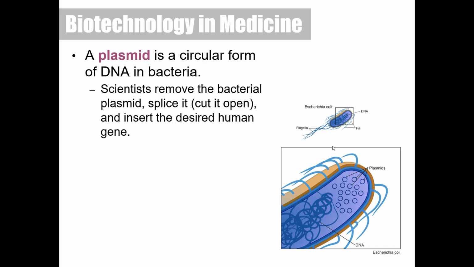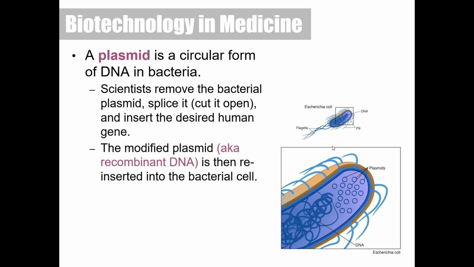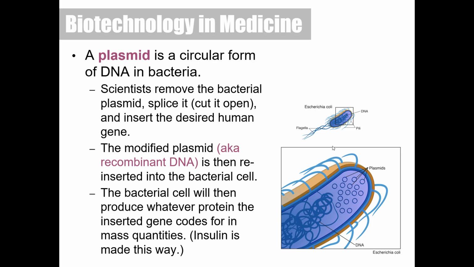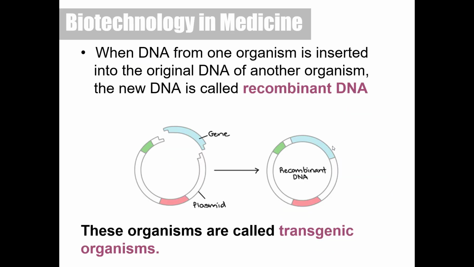They can then insert a desired human gene into this bacterial plasmid and then take the modified plasmid, which at this point is called recombinant DNA, and reinsert it into the bacterial cell. And the bacterial cell will produce whatever protein the inserted gene codes for, and it can do this in mass quantities. And again, this is how insulin is made.